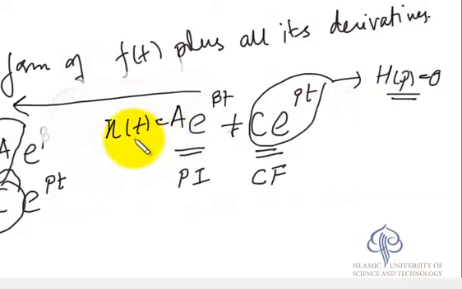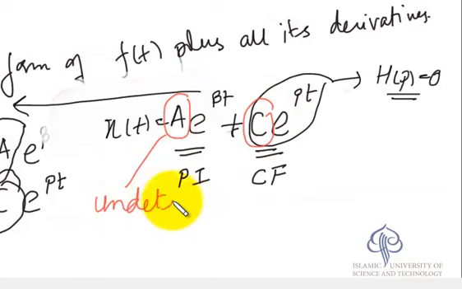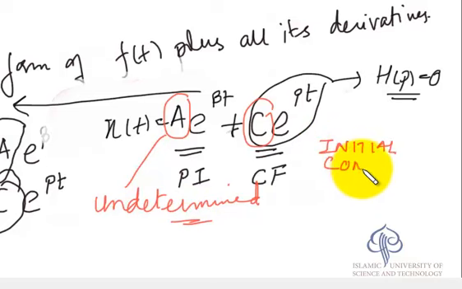So what is left after this, the third step, is to find A and C. These are coefficients which are undetermined, and they need to be found through our knowledge of initial conditions. So that's why this method is called the method of undetermined coefficients.